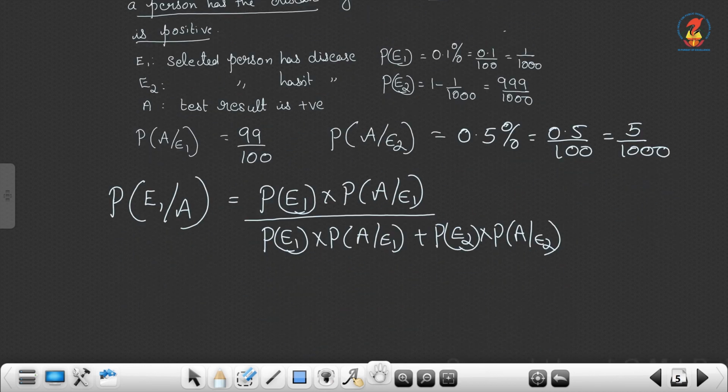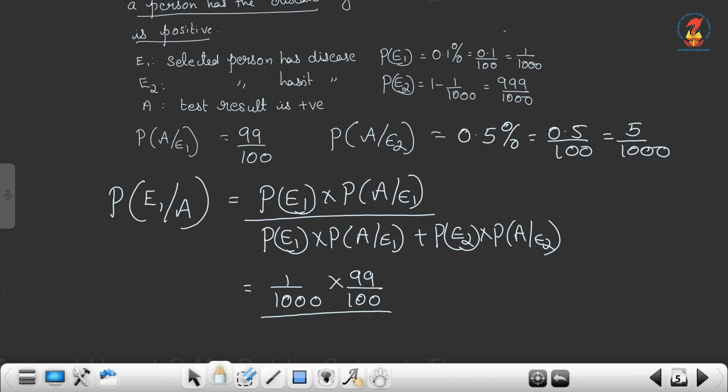Now substitute P of E1, which is 1 by 1000, into P of A given E1, that is 99 by 100. Then plus P of E2, which is 999 by 1000, into P of A given E2, that is 5 by 1000.